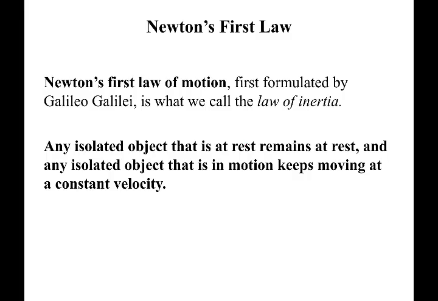The first law of motion was actually first formulated by Galileo Galilei, and it was also called the law of inertia, which suggests that any isolated object that is at rest remains at rest, and any isolated object that is in motion will continue to be in a state of motion unless and until some external force either stops it from being in motion or sets it into motion.